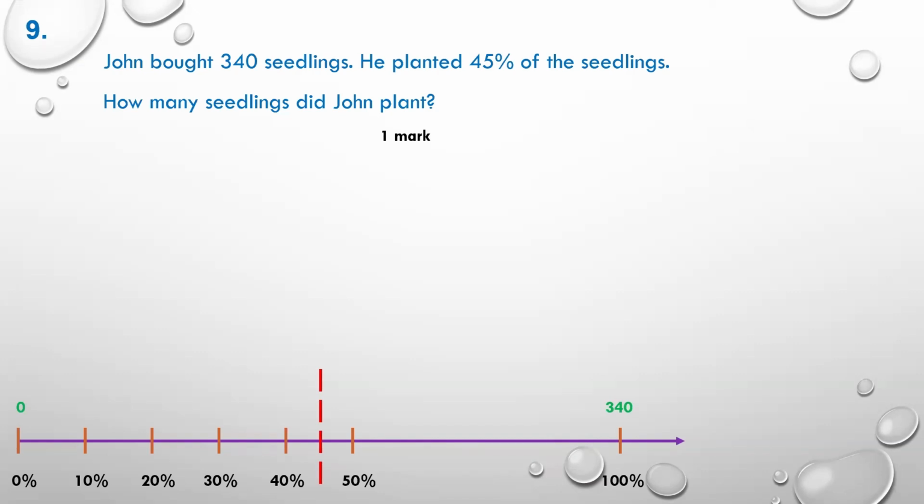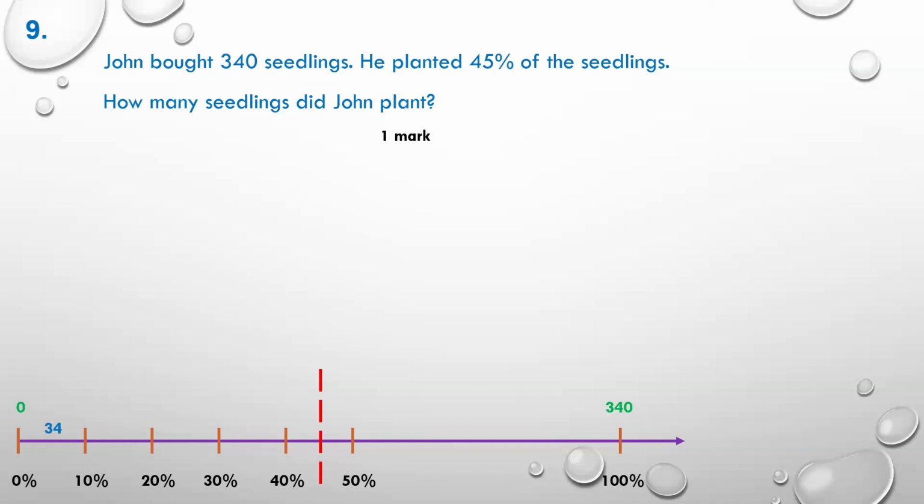So if 100% is 340, can we cut that into 10 parts? Well, if we cut 100% into 10 parts, then we have 10%. And if we cut 340 into 10, then the zeros will cancel, we're left with 34. So that means 10% is 34.